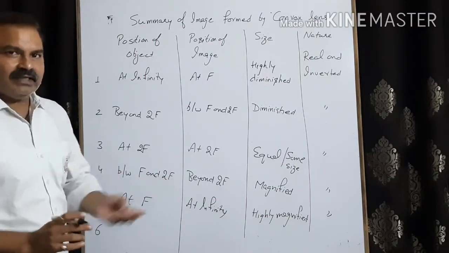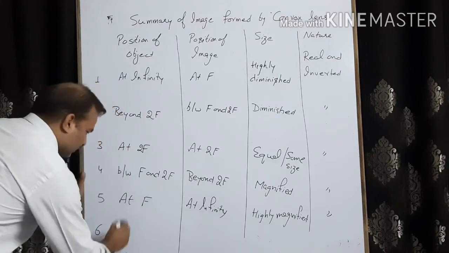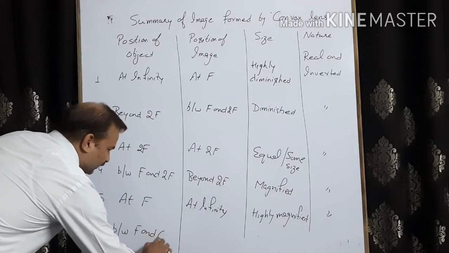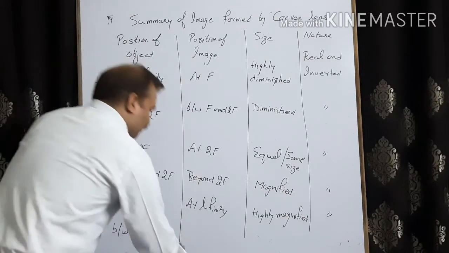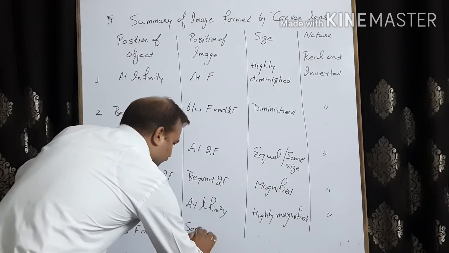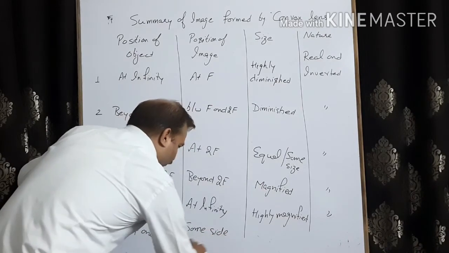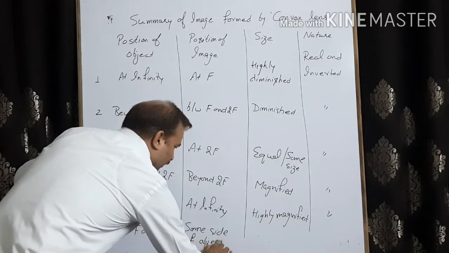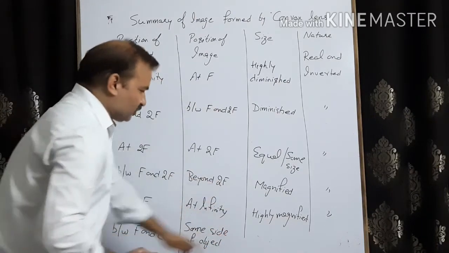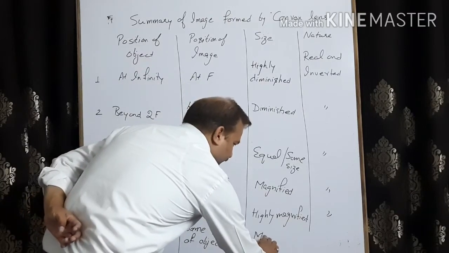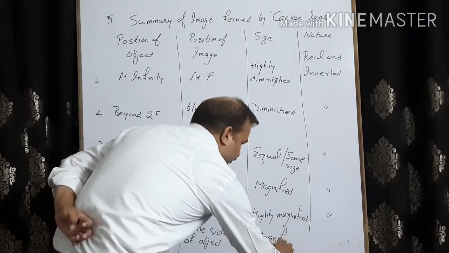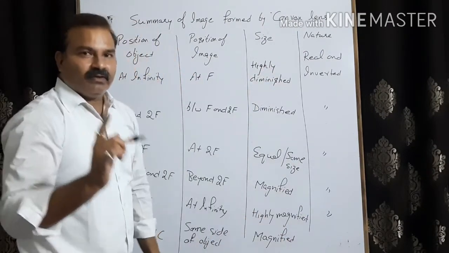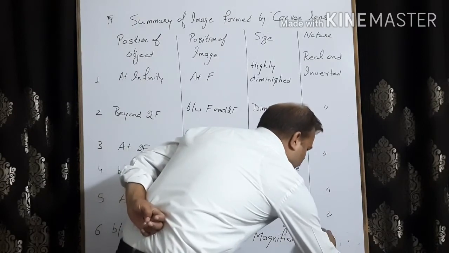Now 6th case is the special case when object is between F and C. The position of the image is on the same side of object. In this case, the size of the image is magnified, and the nature of the image is virtual and erect.